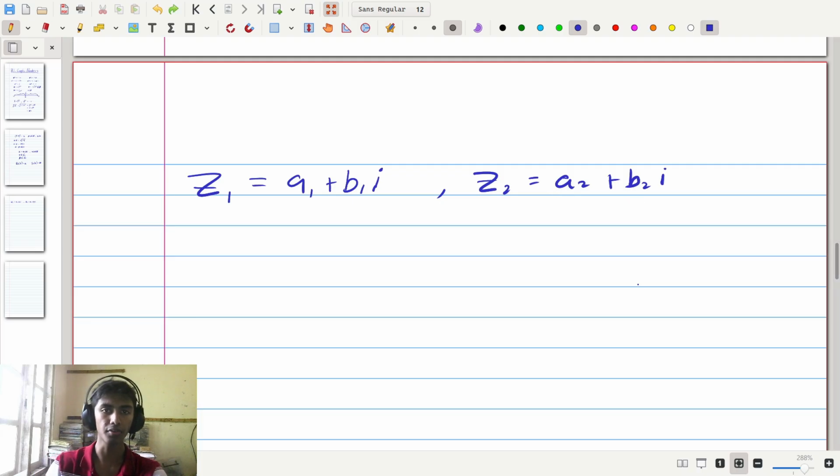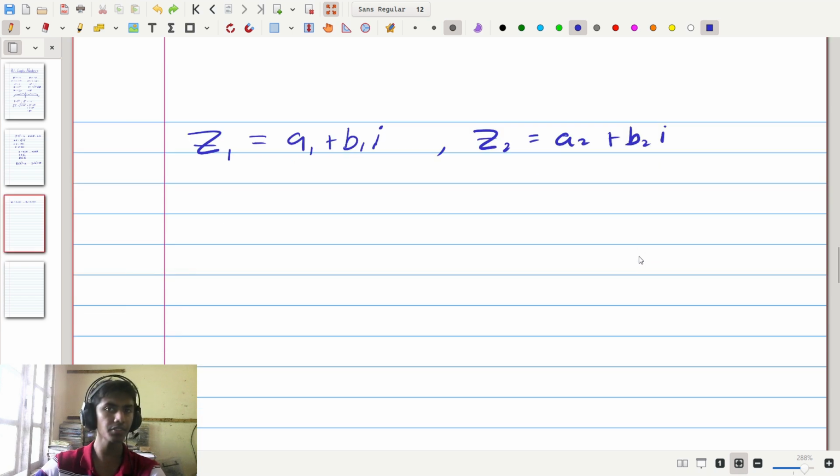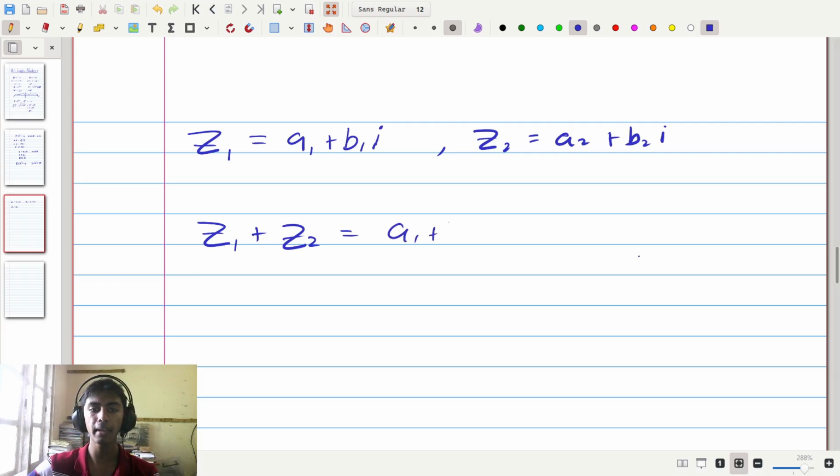Now, first off, let's try and figure out how addition works for complex numbers. To do that, let's first consider what Z1 plus Z2 should be. Now Z1 plus Z2, if we just write them out, is going to be A1 plus B1 times i plus A2 plus B2 times i. Now if we consider the real parts and imaginary parts here, we can see A1 and A2 are real parts in this total number, and B1i and B2i are imaginary parts.